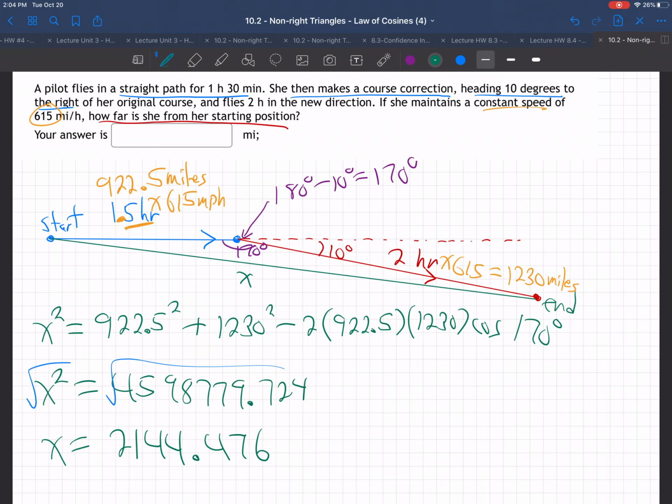How much? They didn't say how far to round, did they? So maybe here I'll just give you all the digits I've got. That many miles. Just type in the whole thing. That'll be good. So that's how many miles she is from her starting position using the law of cosines.